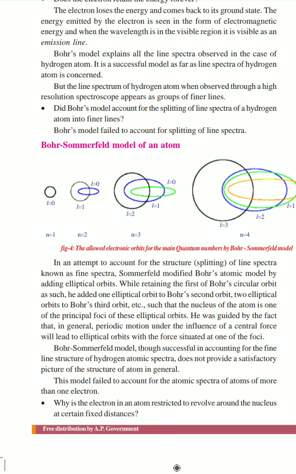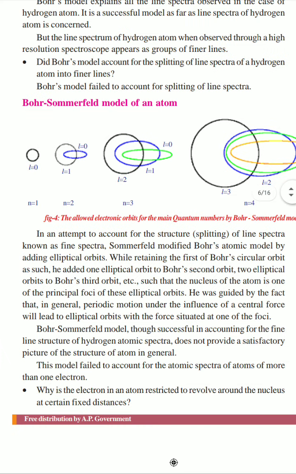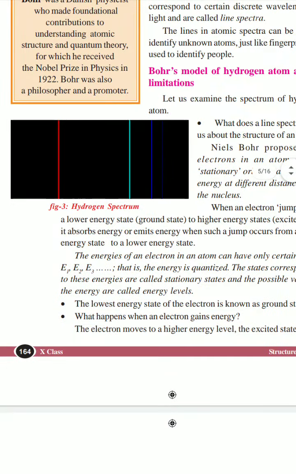See here, figure number 4. Bohr-Sommerfeld model of the atom. In an attempt to account for the structure of line spectra known as the fine spectra, Sommerfeld modified Bohr's atomic model by adding elliptical orbits. You can observe, children, in the line spectrum of hydrogen we have only straight lines, see figure number 3.